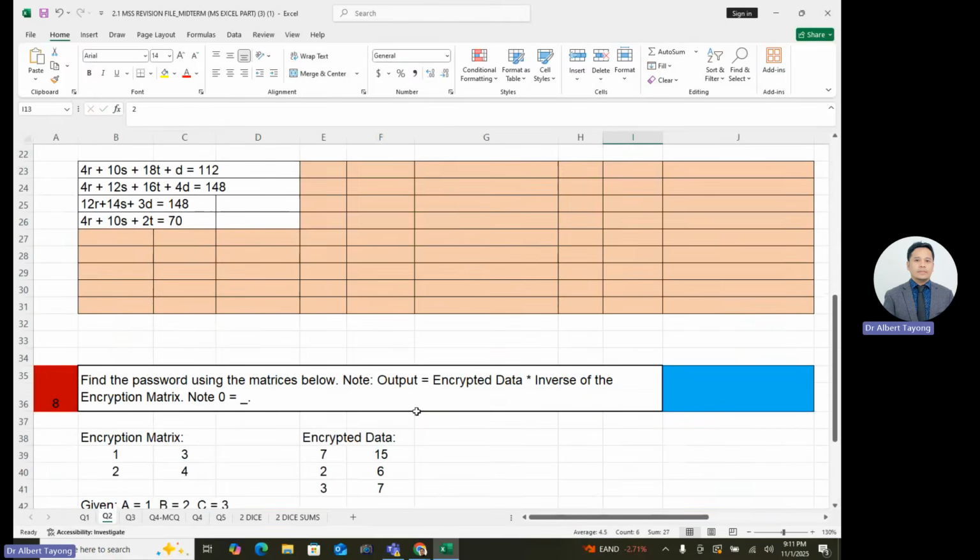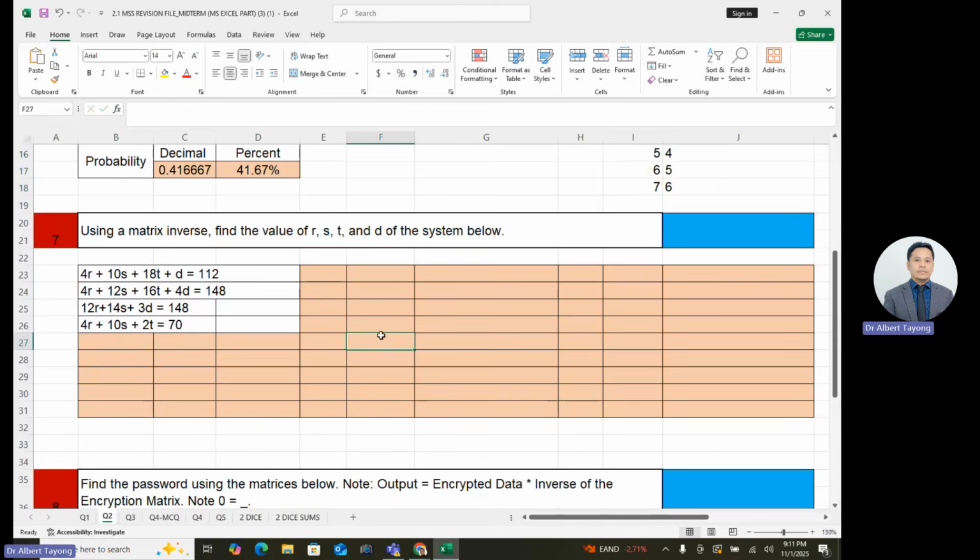All right, let's have there the matrix. You're going to find the values of our STD. So let's put our RSTD here to avoid confusions. So we have 4. Let's take the numbers. And we have 10. So we can center the contents. 18, and we have 1 because we have 1D here.